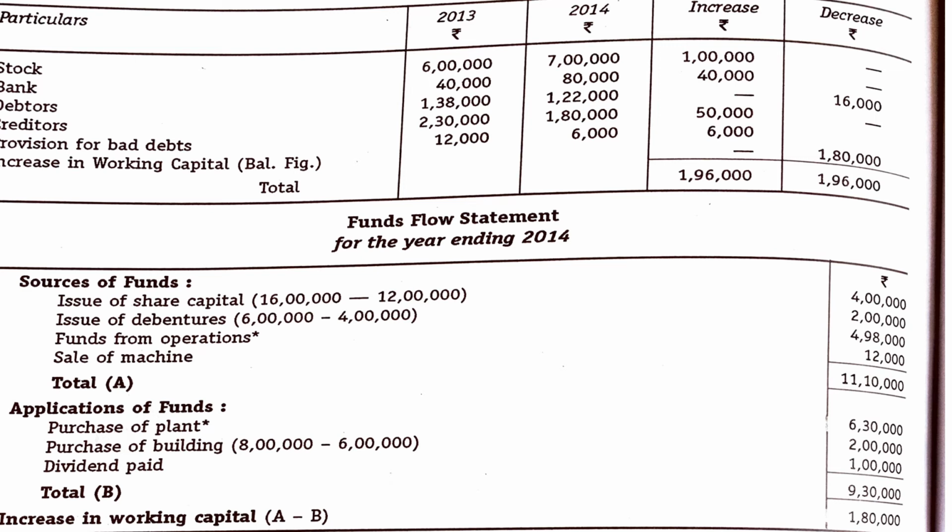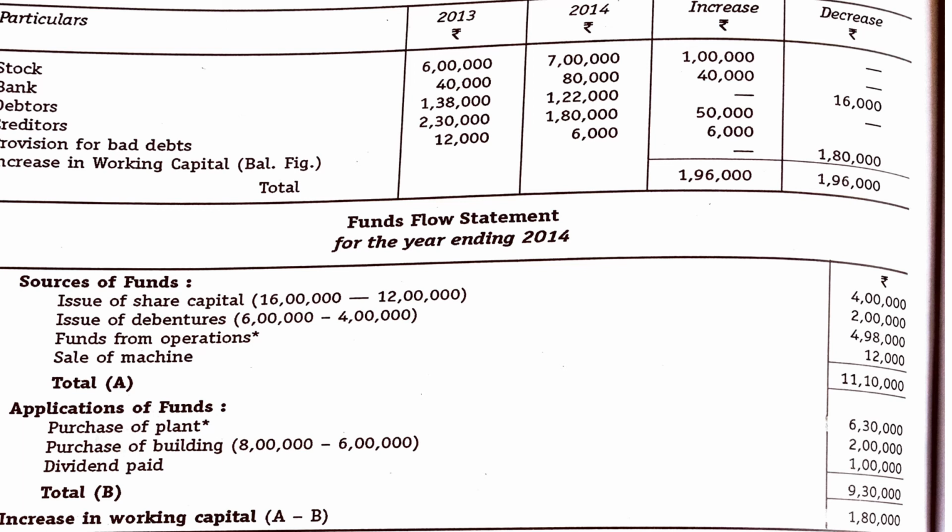The difference between 16 lakh and 12 lakhs is treated as sources of fund, that is equity share capital during the year for rupees 4 lakhs. Issue of debentures 6 lakhs, 4 lakhs. The difference between 6 lakhs and 4 lakhs is one of the sources of fund during the year 2014.